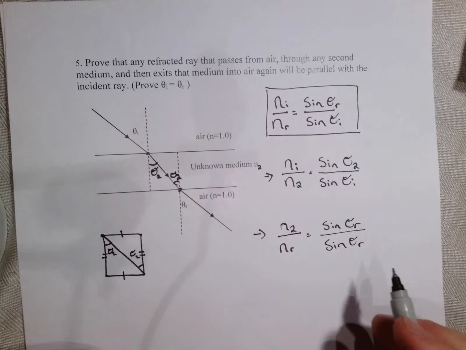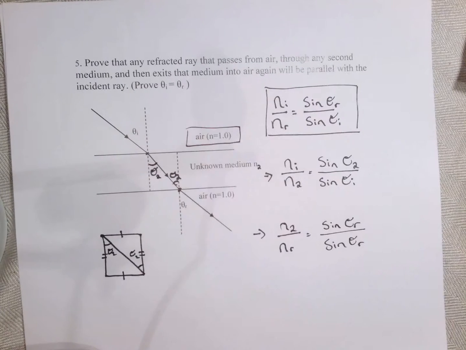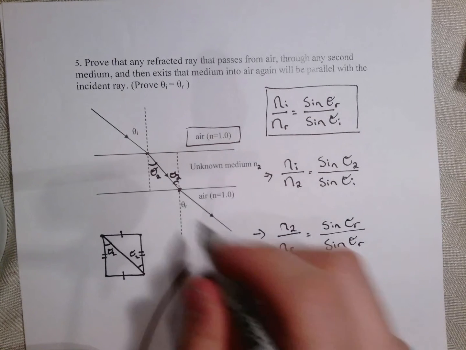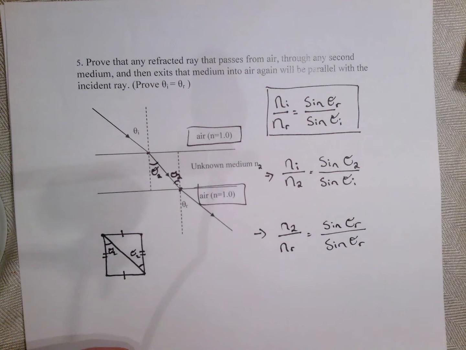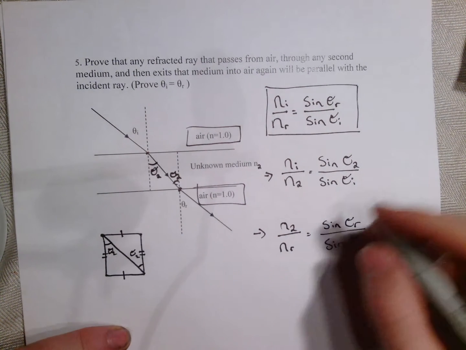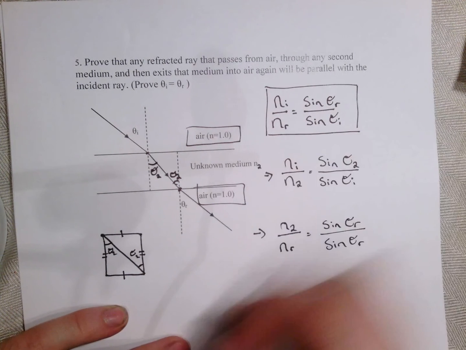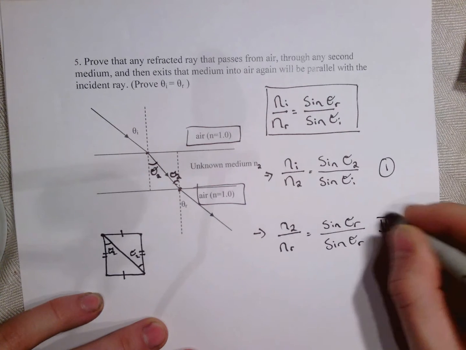What we need to now recognize is that my n1, my incident medium, and my refracted medium are both the same thing. We could just call them n, but it's even better: we know that they're air, so they're both 1. So I'm going to rewrite both of these equations. Call this equation 1, and this equation 2.